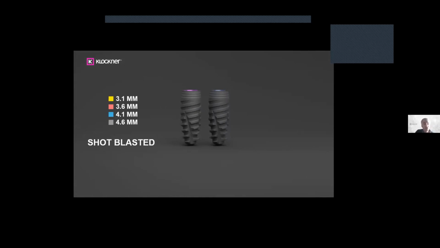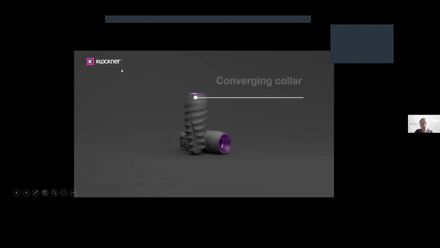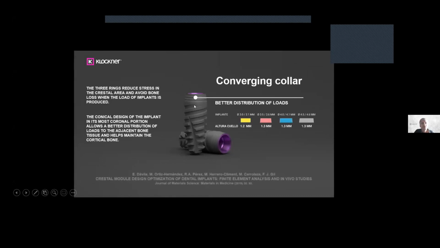We can have it in shot blasted or in Contacti, but we will not find Contacti in 3.1. Why? Because the thermochemical treatment cannot be done safely without altering the structure of the implants in the 3.1 at the moment. What we know is that we have this converging collar.